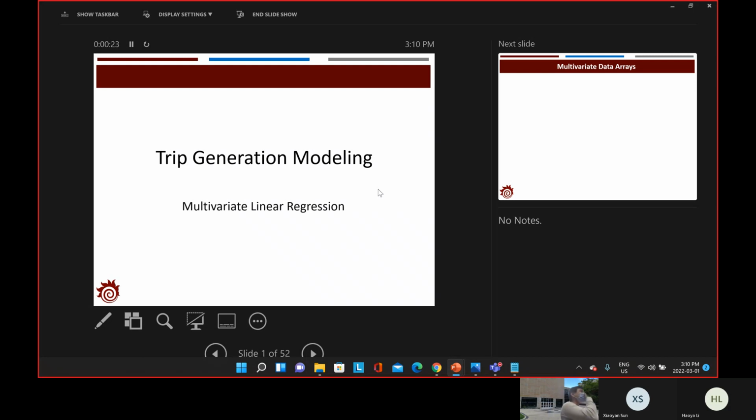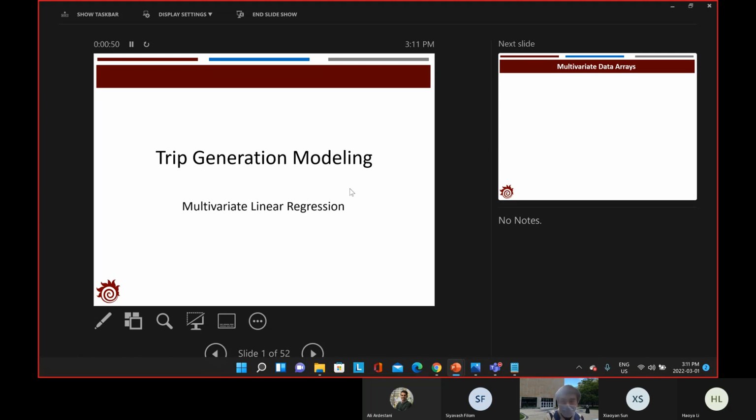Can anyone open the Teams and see what kind of screen is showing now? On my computer, just probably mute yourself, my computer shows two displays, I guess.